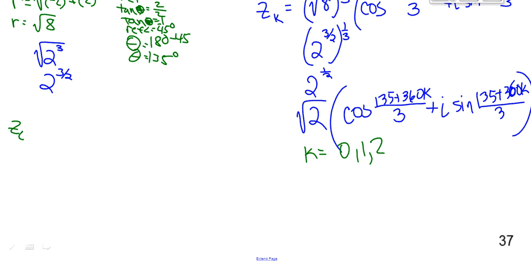So z sub 0 is going to be the square root of 2 times cosine. What is 135 plus 360 times 0 divided by 3? So it's going to be 135 divided by 3, right? What is that?